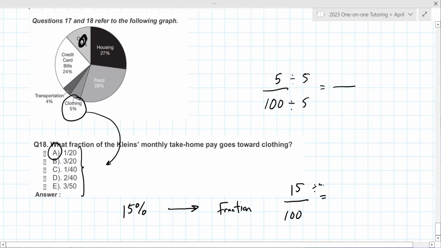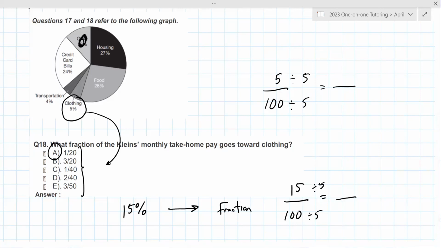Give me the reduced form of 15 over 100, please. Three over 20. Yes. Good.